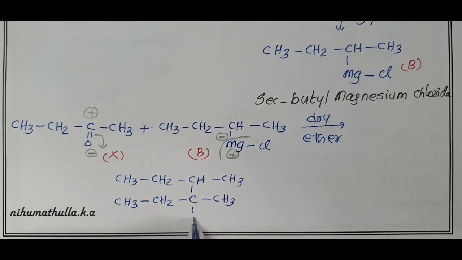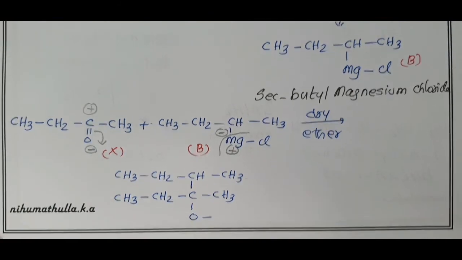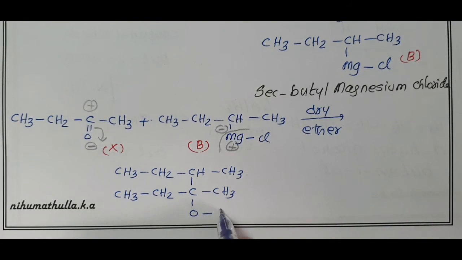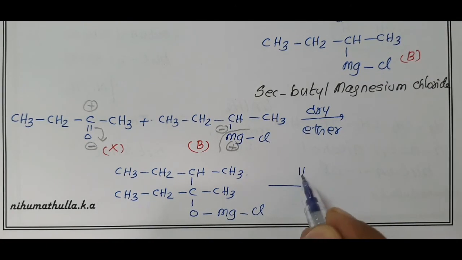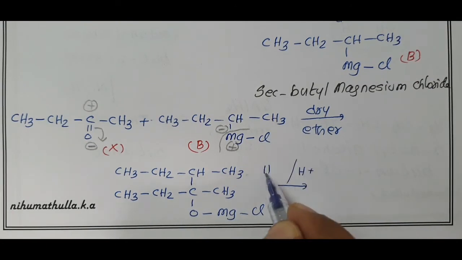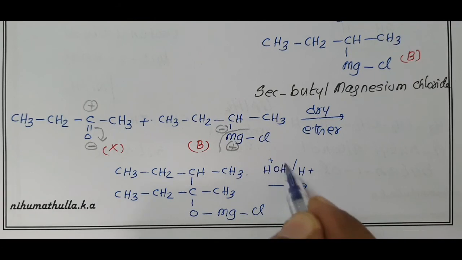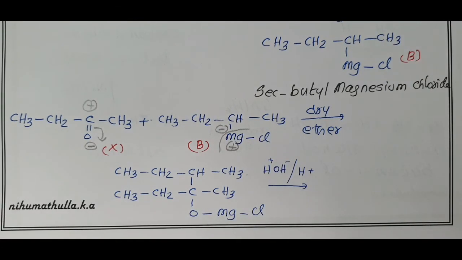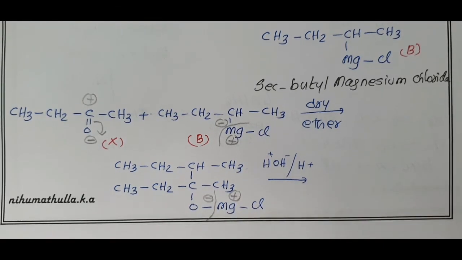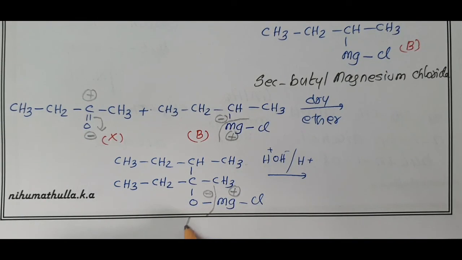After the bond shifting, oxygen becomes negative. To this negative oxygen, MgCl is added. This addition product undergoes hydrolysis in the presence of mineral acid and gives an alcohol. As usual, magnesium is a metal, loses an electron and becomes a positive ion, and oxygen is a negative ion. The H plus is now added to O minus and OH minus is added to Mg plus.